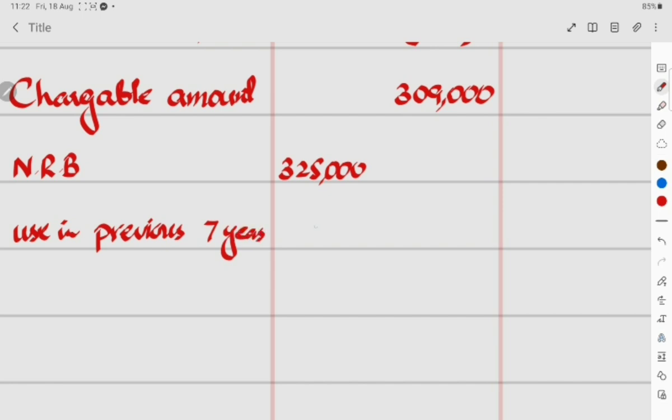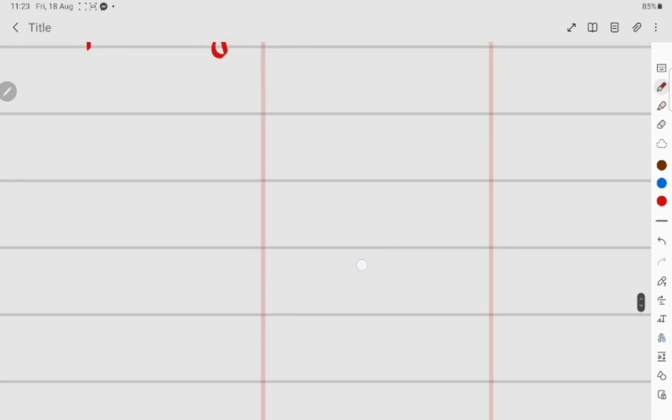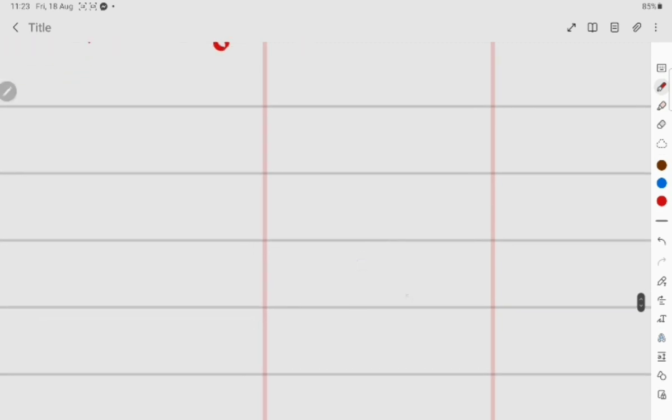So in previous 7 years there is no nil rate band that is utilized. So the whole nil rate band of 3,25,000 is available for utilization. As we have some more gifts, we will take 3 or 4 line gaps and record the 3,25,000 of nil rate band that is available.